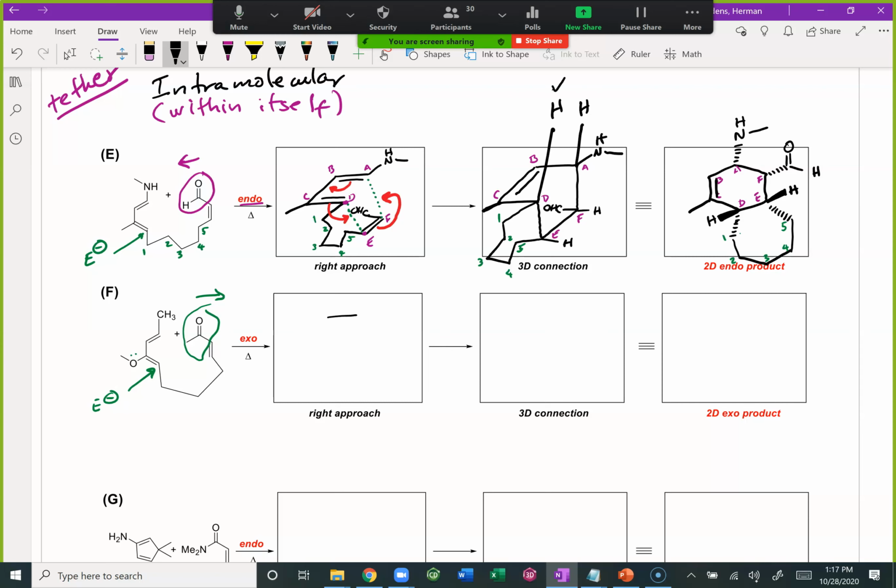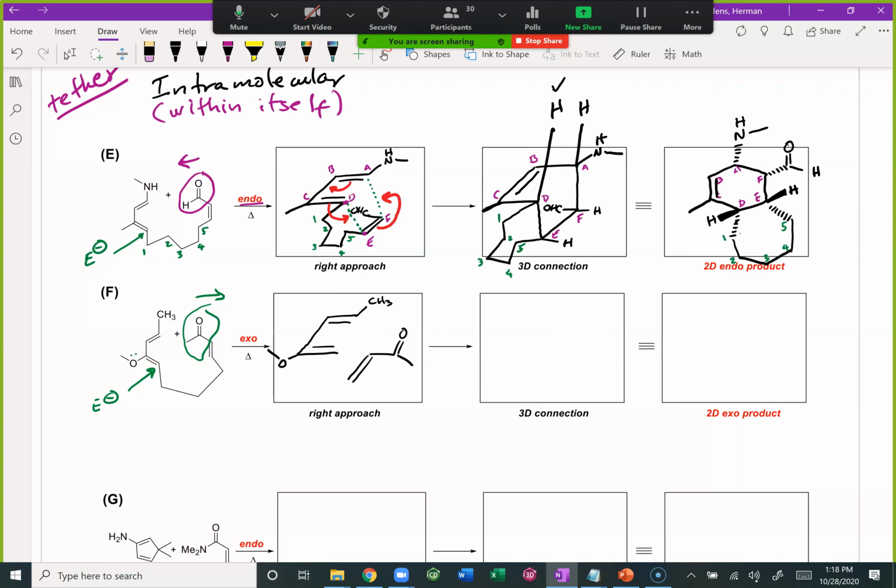Make my box. And then put my double bond here. This group is a ketone, it's going to be forced to be out. I have a double bond here, oh, methyl, I'm sorry, this is methoxy, methyl on the top.